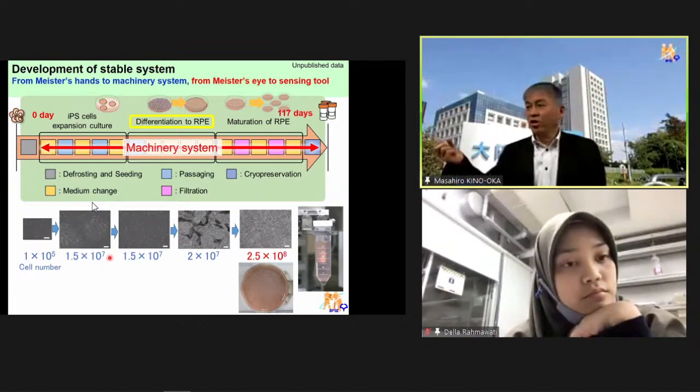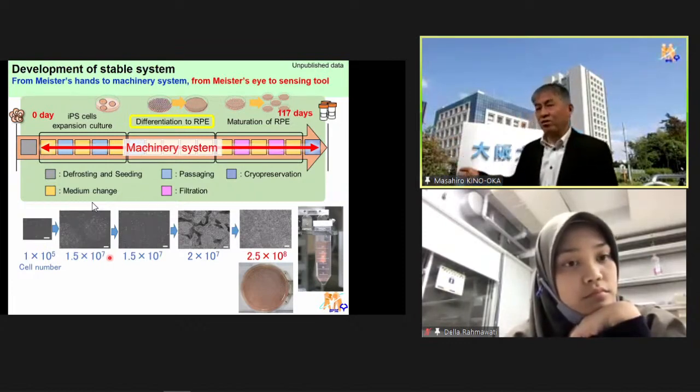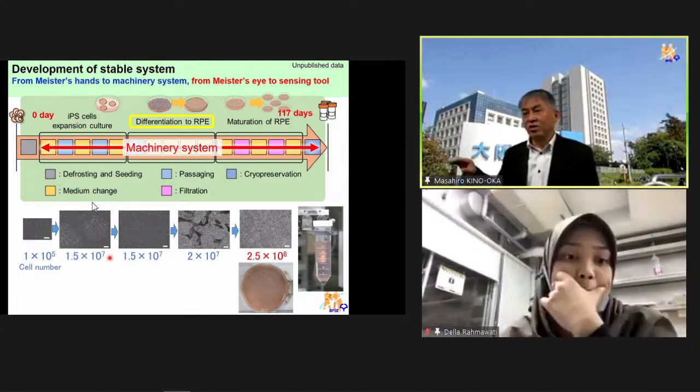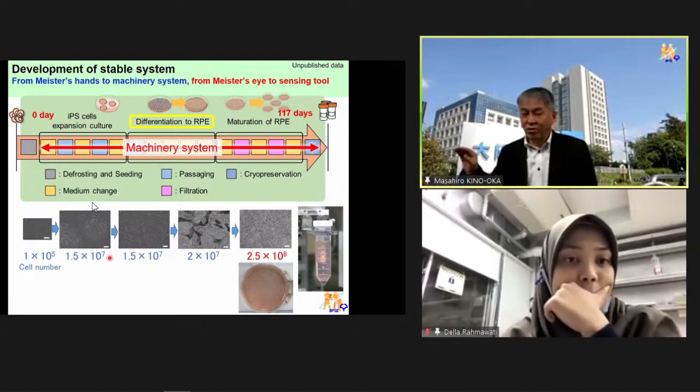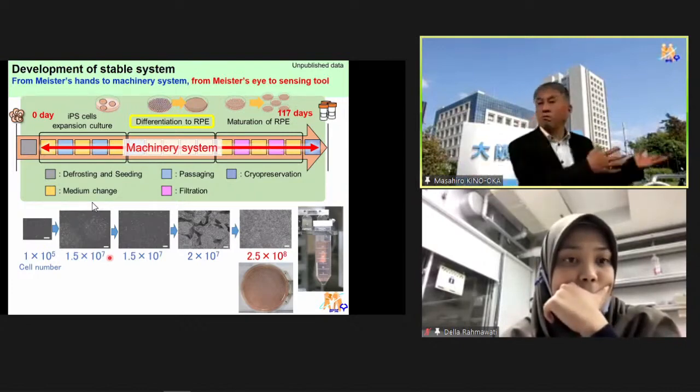We have to check the quality of the cells as a product. If the bad cells exist at more than a specific level, we have to throw away all of them. I mean, the lot out, we often say. The whole product we have to throw away.